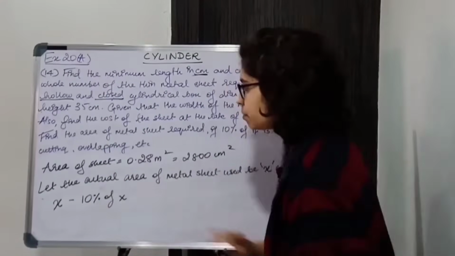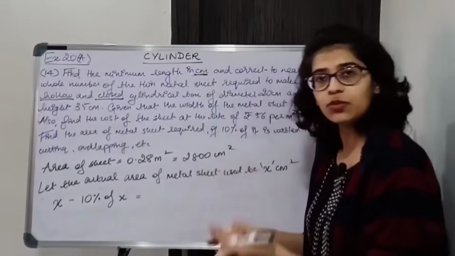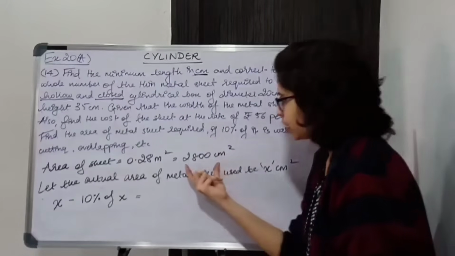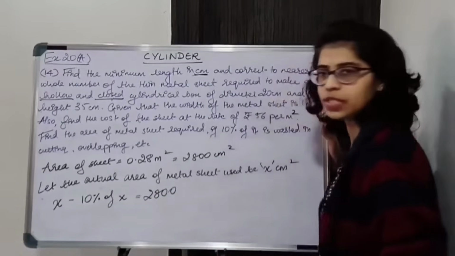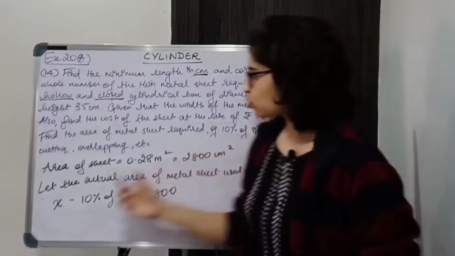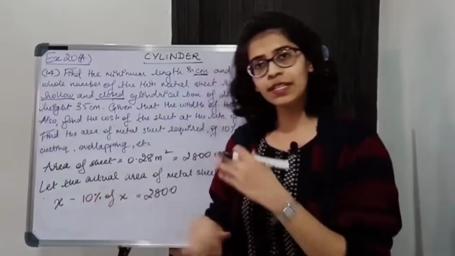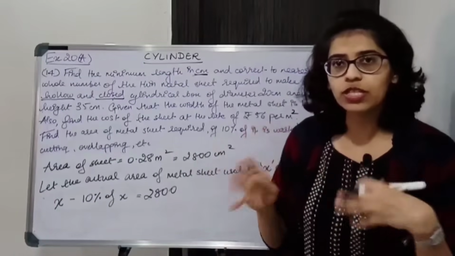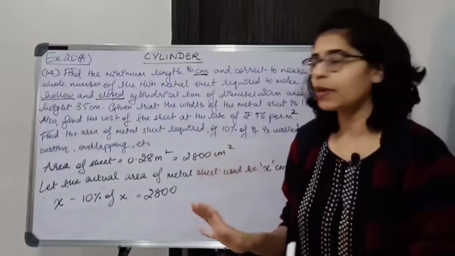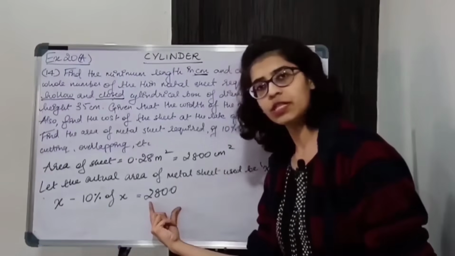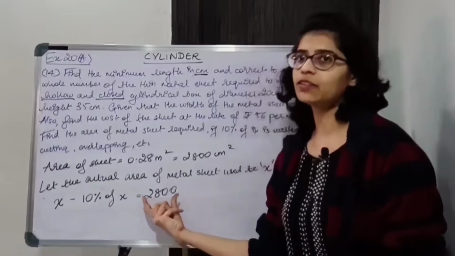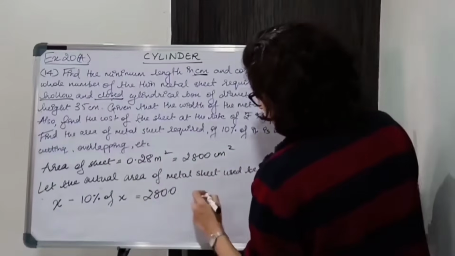So x minus 10% of x, कितना use किया है हम लोग ने? इतना use किया है, ठीक है. So total minus उसमें से 10% निकाल दिया जो हम लोग ने extra use किया था for cutting, overlapping and stuff, तो वो subtract कर दिया. So we used this much, okay, that is the exact जो हम लोग ने measure किया था.